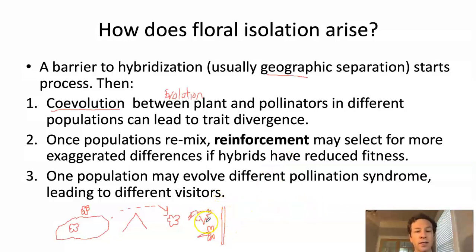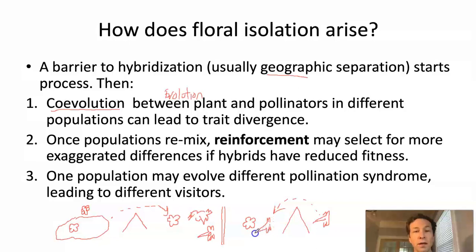So now let's imagine that some seeds from the right-hand side, where we have this new hummingbird flower, get dispersed back across our mountain to the initial population where we had these more actinomorphic flowers without the tubes. We now, to complete speciation, would need a process of reinforcement.